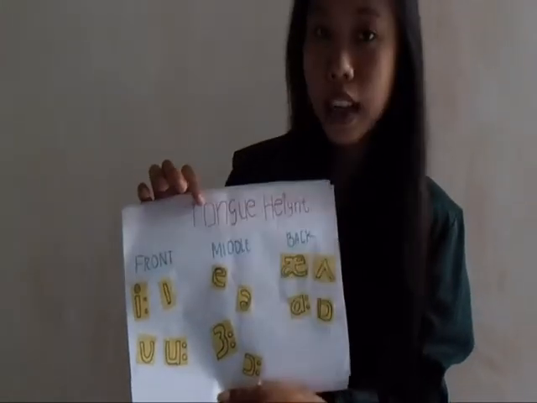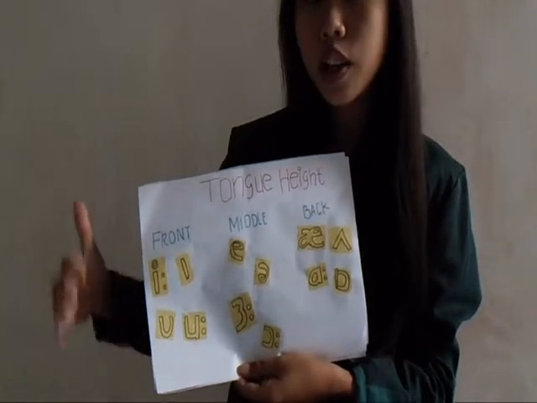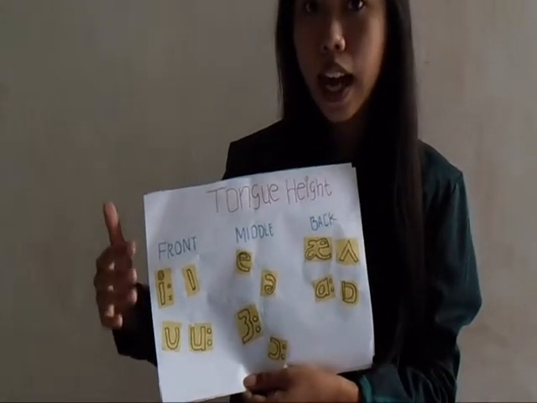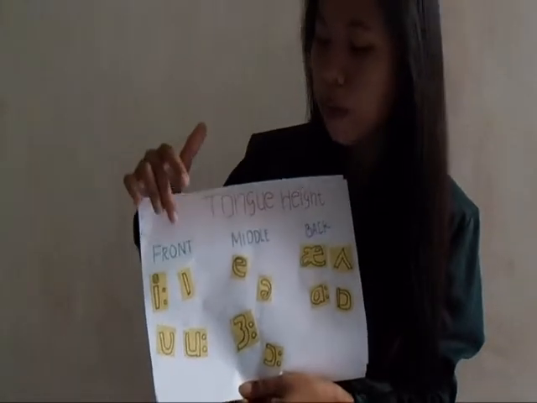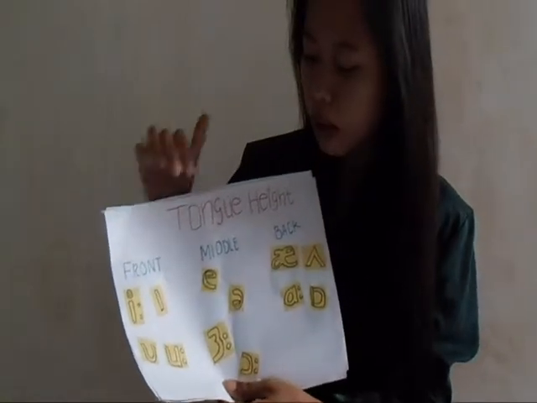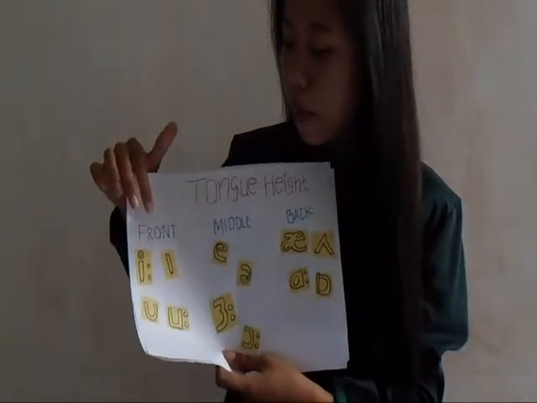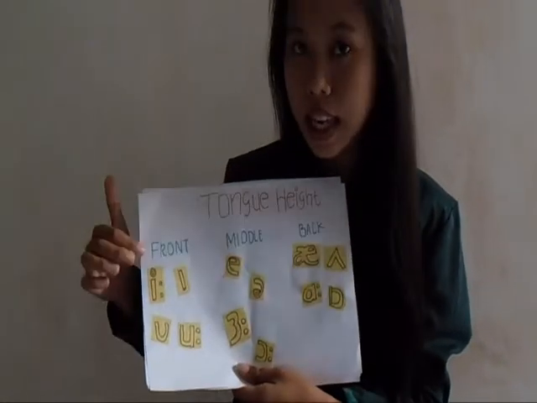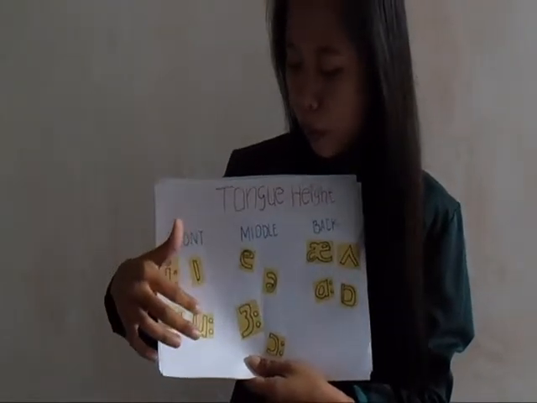This is the tongue height, and vowels may be arranged according to the position of the height point of the tongue. According to this position there are front vowels, middle vowels, and back vowels. For front vowels there are e, I, u, and u.